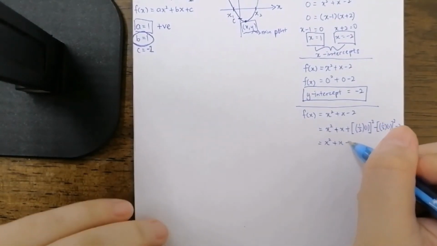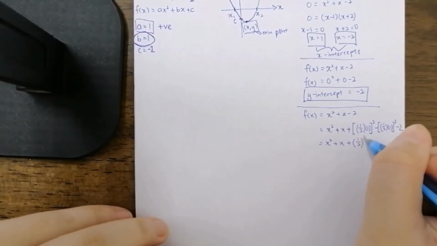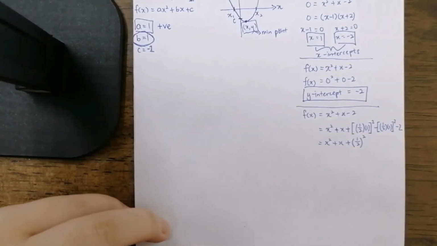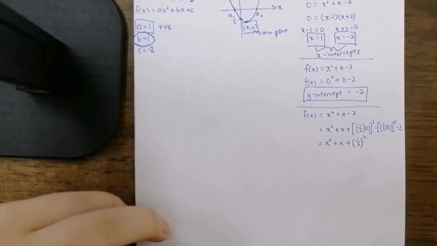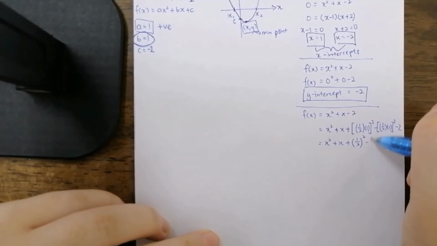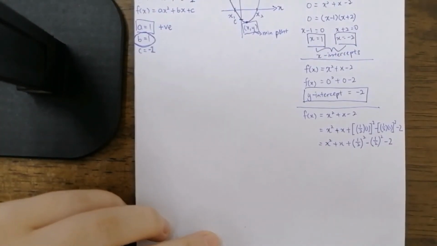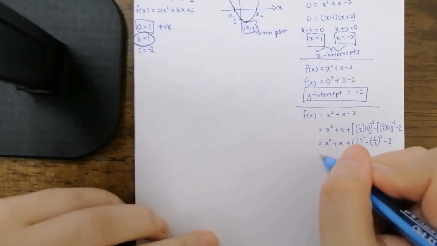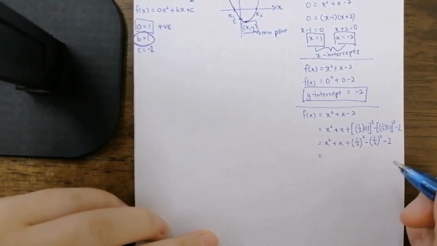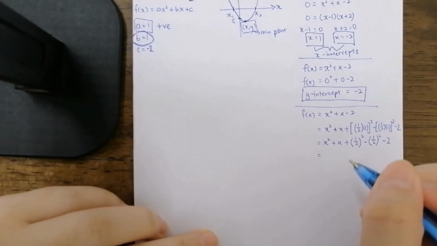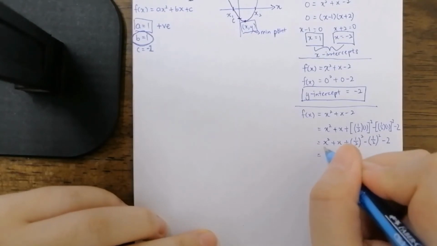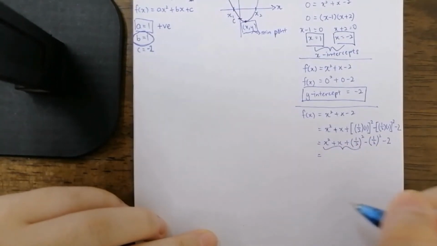So 1 over 2 times 1, you get 1 over 2, bracket square. Let's look at the first three terms.